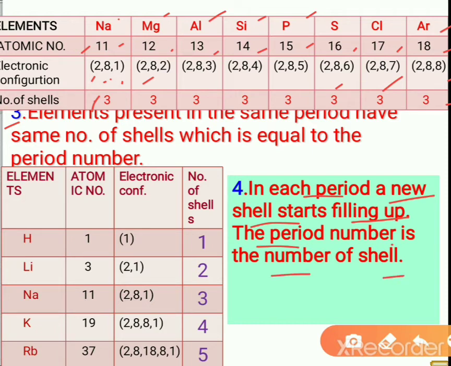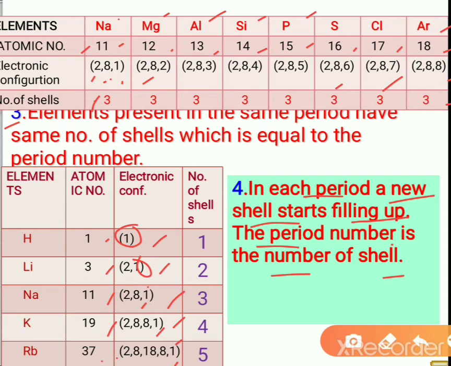Here you can see in the table alongside, these are elements from different periods. Their atomic numbers: hydrogen 1, lithium 3, sodium 11, potassium 19, rubidium 37. Their electronic configuration: hydrogen 1, lithium 2,1, sodium 2,8,1, potassium 2,8,8,1, rubidium 2,8,18,8,1. Now you can see here how many electrons are placed in the last orbit.